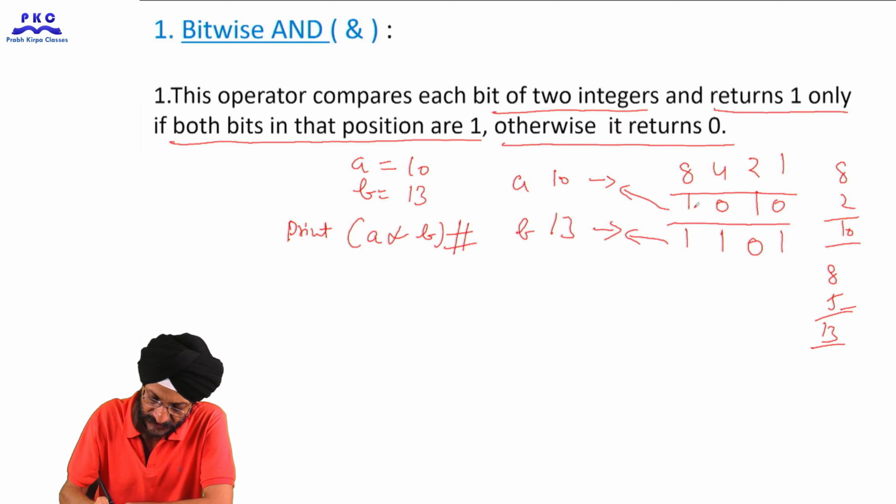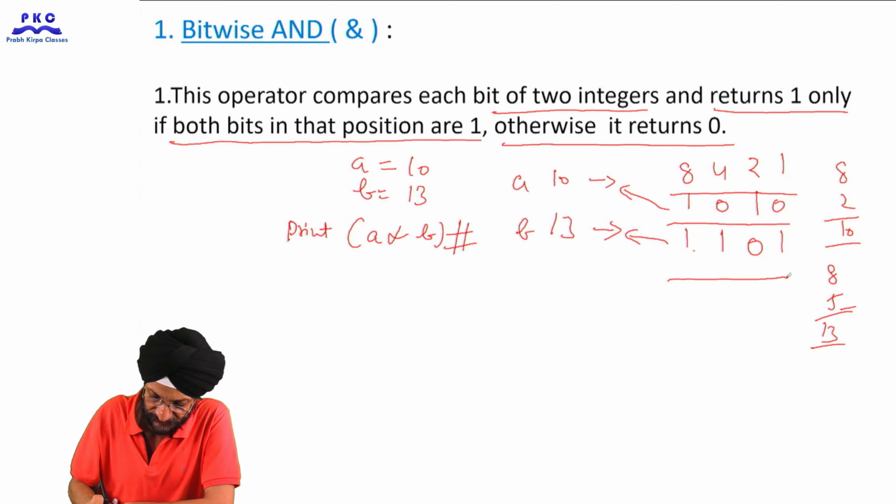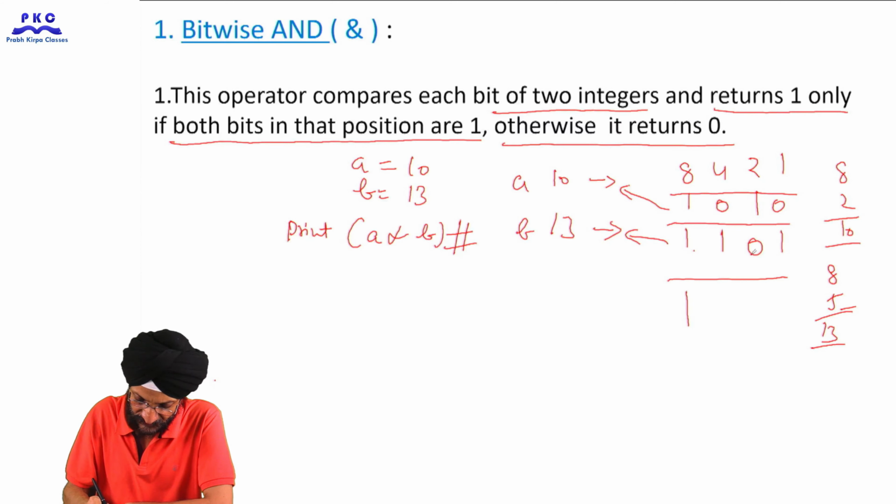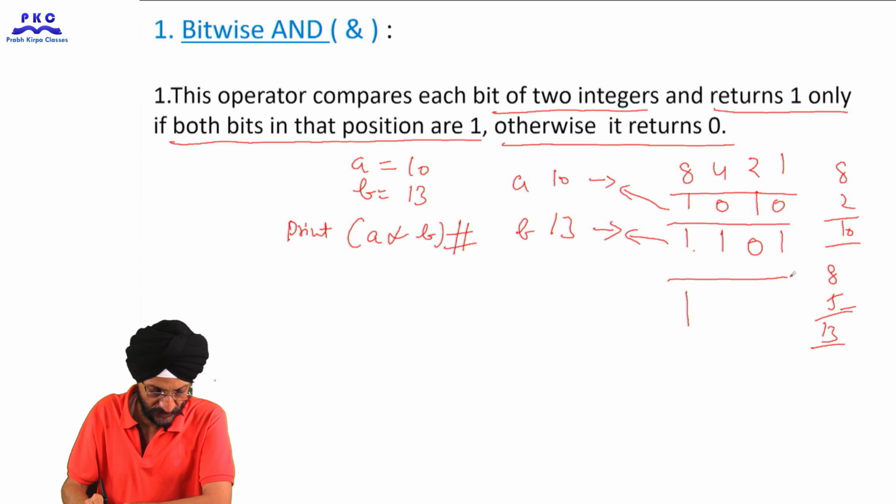This is the same position of A, and this is the same bit position of B. So it returns 1 only if both the bits in that position are 1. Both the bits are 1 here. In other positions it is not so.